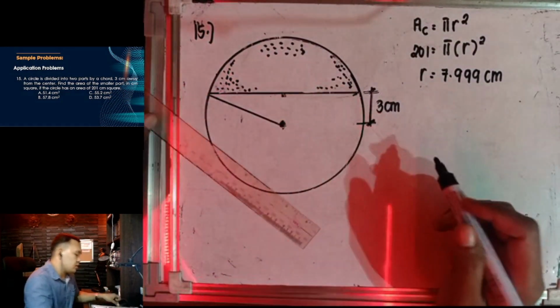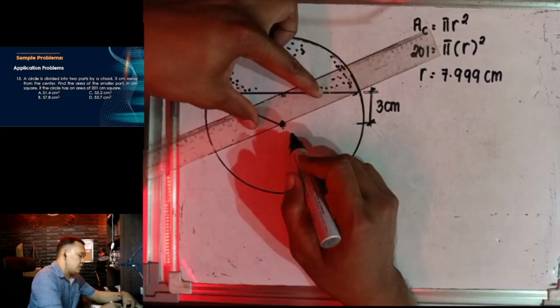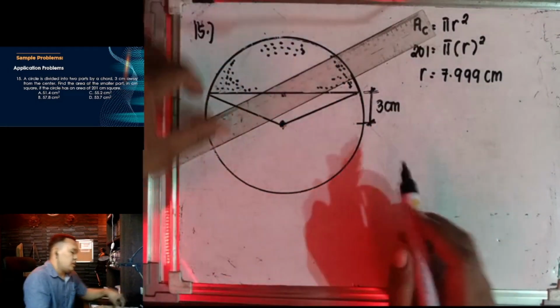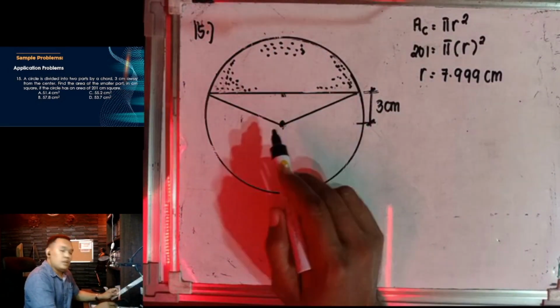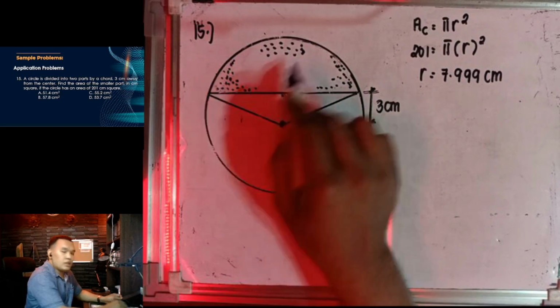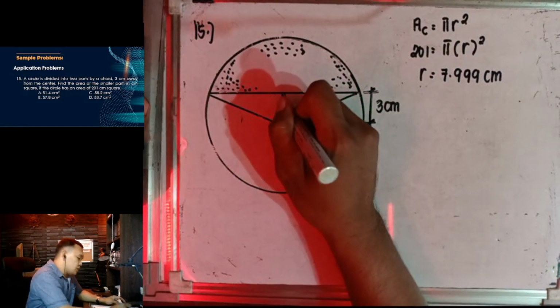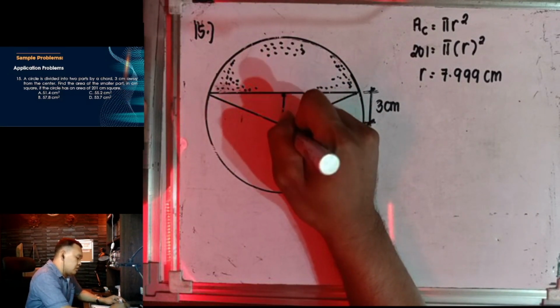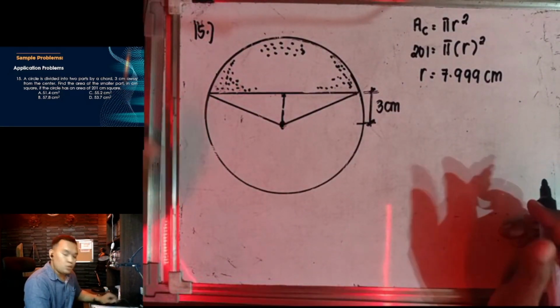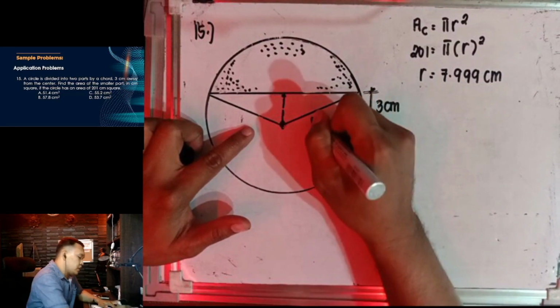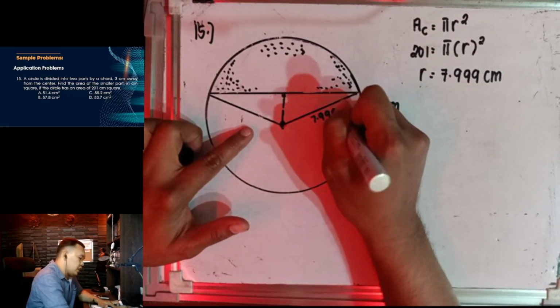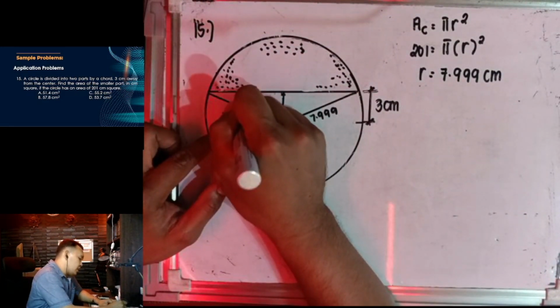So, we could write this as like this. So, meron akong sector dito sa ano natin. Ito yung sector natin. Then, minus natin yung triangle to get this area, no? So, para natin makuha yan, kailangan ko munang kunin yung mga angle na to, no? So, we all know that this radius is equivalent to 7.999 and 7.999.